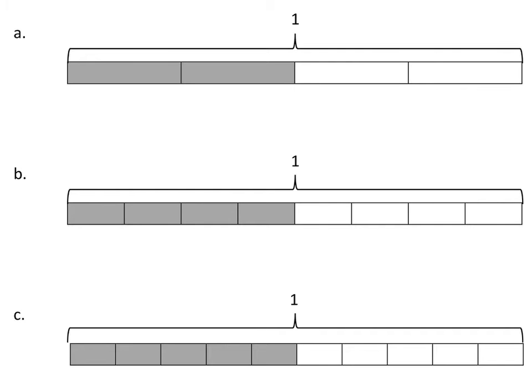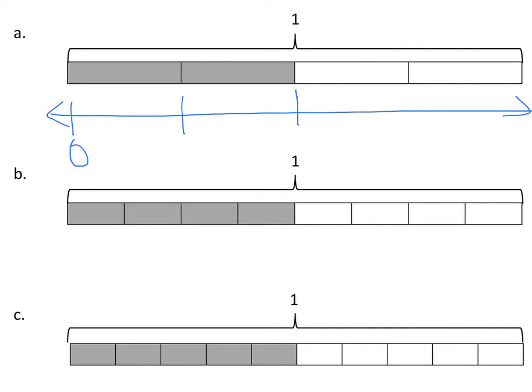In another portion of your paper, you have to draw those all on your own. So the number lines haven't been given to you. You could draw a number line right underneath, and then you'll see that this would be 0, tick mark, tick mark, tick mark, and a whole.